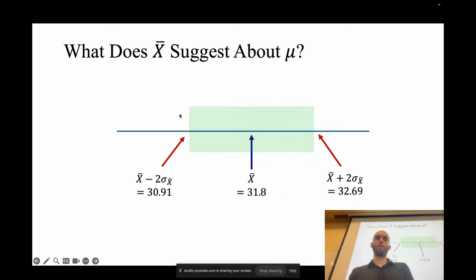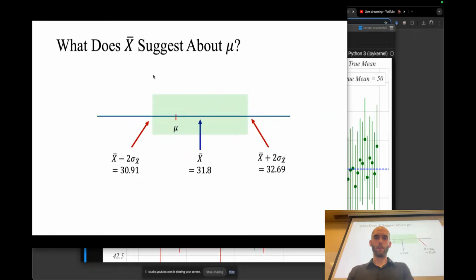So we're 95% confident that if we were to repeat this 100 times, 95% of the time it would appear in this interval. Okay. So let's do this in code.